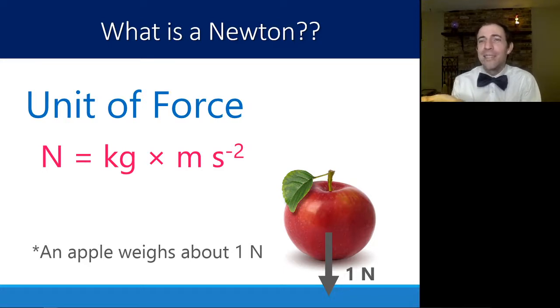But I think this is a useful reference point, because if you are given a problem that says you push with 20 newtons of force, without any conceptual reference frame, it's hard to know if 20 newtons is big or small. But now you know that 20 newtons is pushing the same amount as you would have to push up if you were carrying a basket of 20 apples. It's kind of a weird analogy, but a useful one to know what is a big amount and what is a small amount when we talk about forces in newtons.